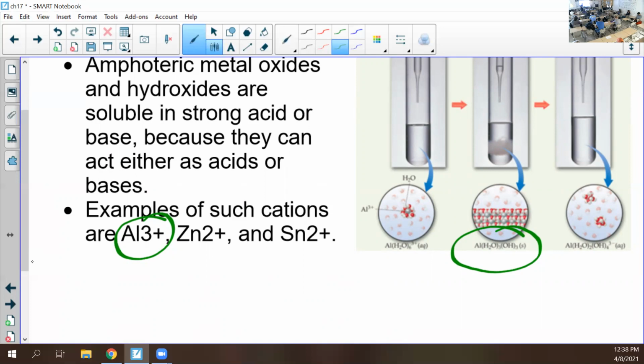Sodium tetrahydroxoaluminate, NaAl(OH)4. Trans-chloro-bis-ethylenediamine-hydroxocobalt 3. I'm not making those up. Those are real names. Imagine getting that in a spelling bee. You're like, can you put it in a sentence, please? And you're like, I cannot.